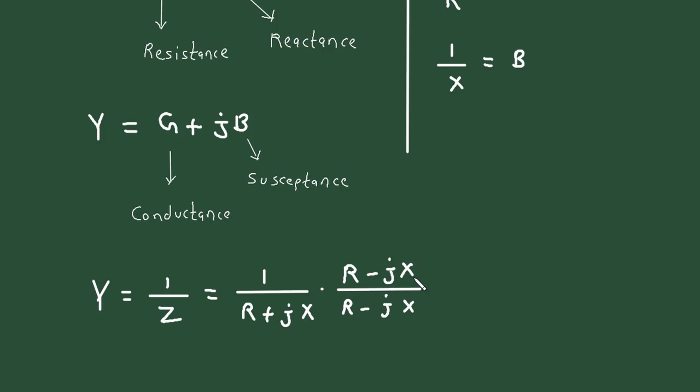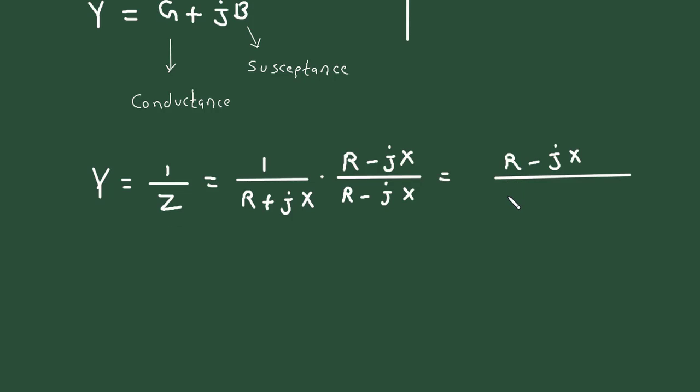Now if we simplify this, it will be R minus jX divided by the product, which follows the formula a square minus b square.